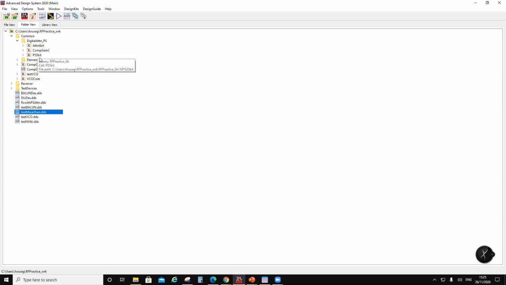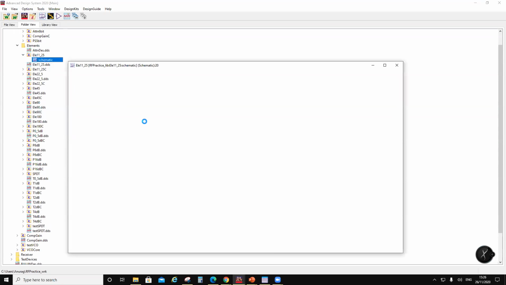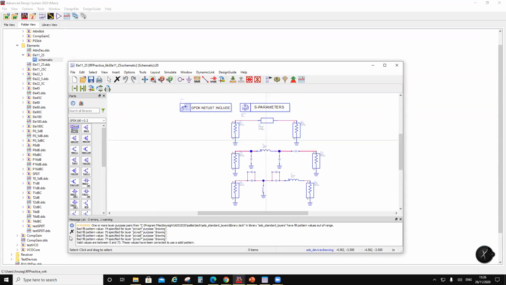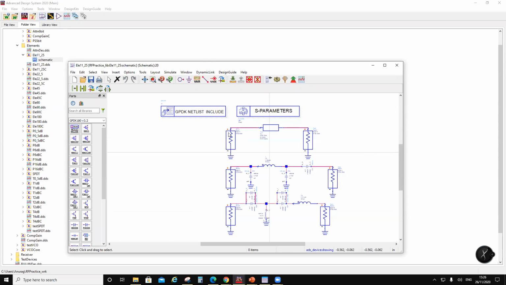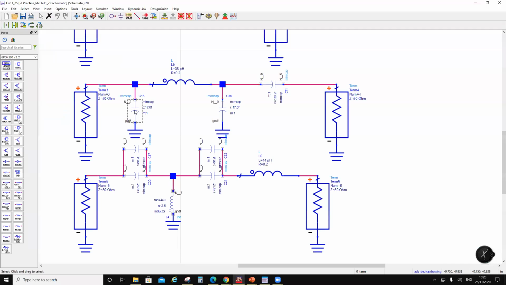Okay, let's look at elements and 11.25. Okay, so that's what I was talking about. I am not going to work with that stuff. Basically, I have here swapped.